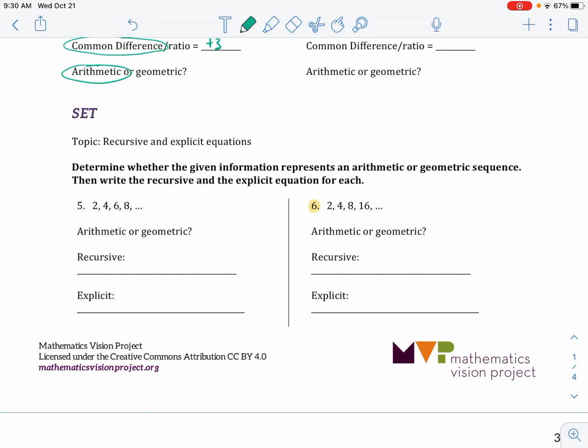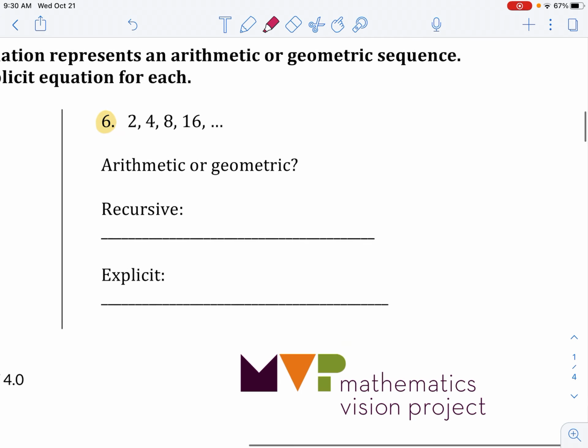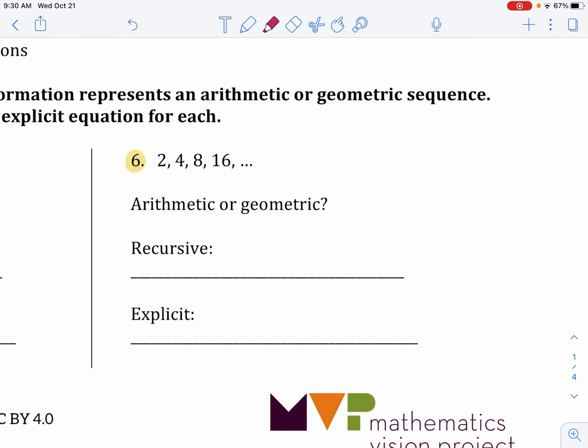The set is a little more difficult. It says determine whether the given information represents an arithmetic or geometric sequence, then write the recursive and explicit equation for each. So we're going to start with 6. 2, 4, 8, 16.